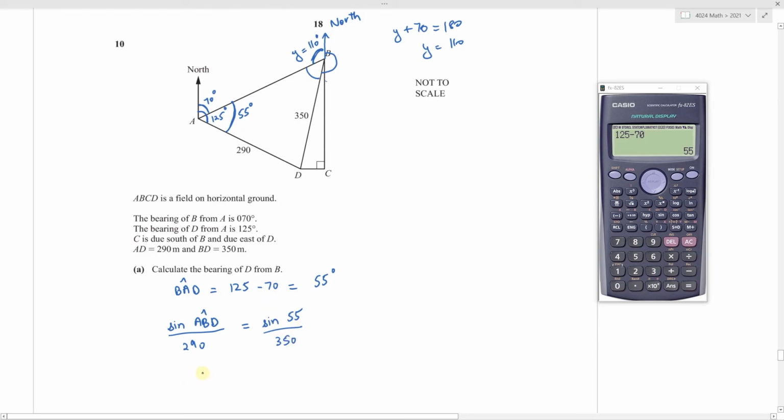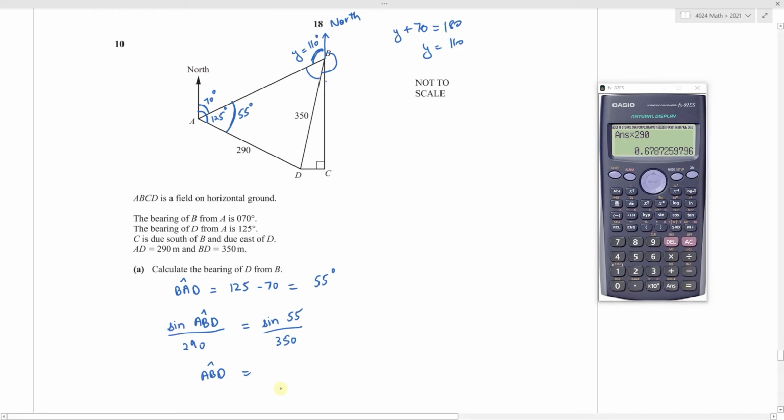So this will give me ABD. So let's calculate this. Sine of 55 divided by 350, and then the 290 will be multiplied on the other side. So multiplied by 290.